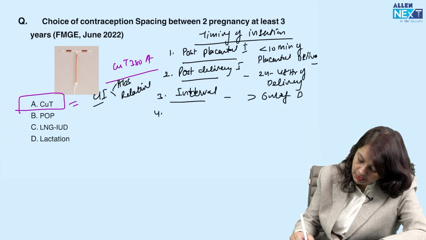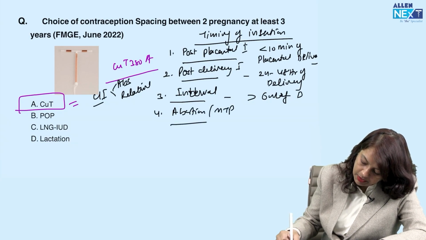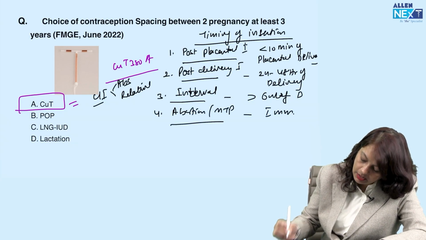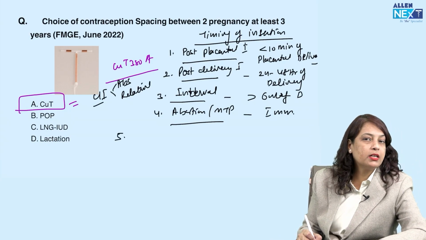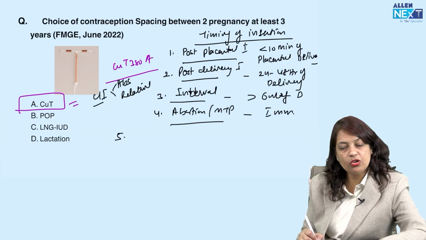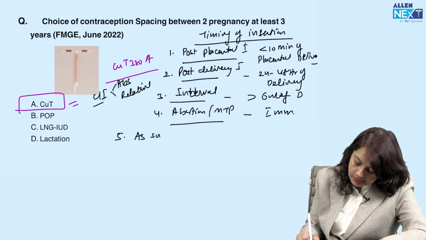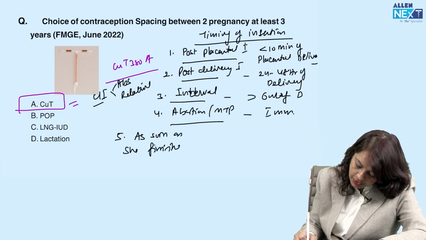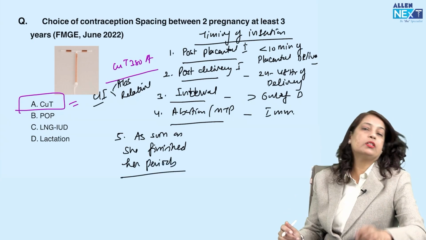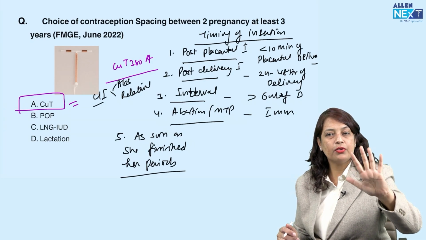Number four, after abortion or MTP, this is immediately. And number five, if the patient is not a pregnancy case nor an MTP case, then as soon as she has finished her periods. So there are 5 categories for insertion of IUCD.